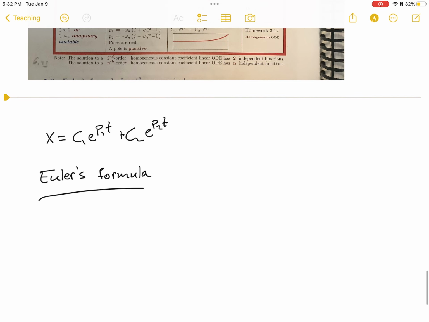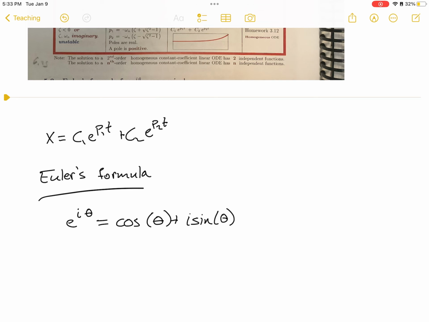And Euler's formula is that e to the I theta, or e to something times the imaginary number I, equals cosine of theta plus I sine theta. And you should memorize this.